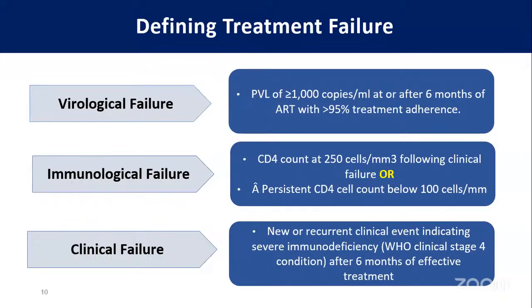But if you are using dolutegravir-based regimens like TLD or ALD or ZLD, whenever they fail, the dolutegravir or second-generation INSTI, they are not associated with INSTI mutations at the outset. However, if the patient is allowed to continue on the same failing ARV regimen for some time, the INSTI mutations come up.